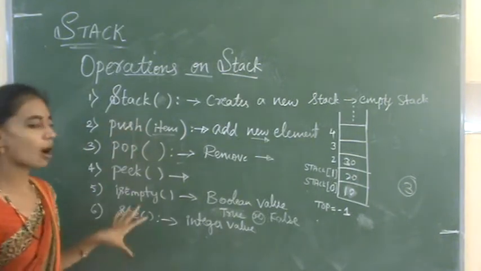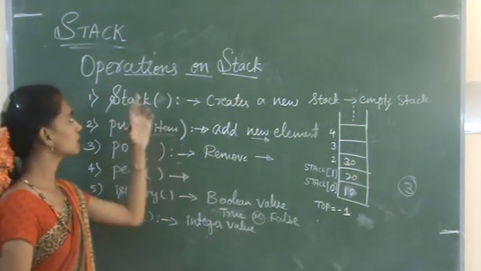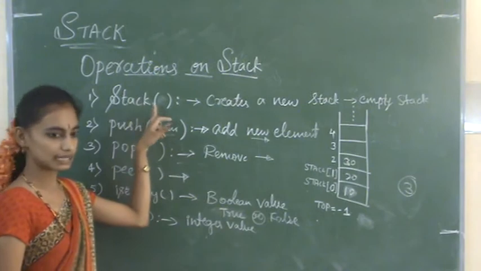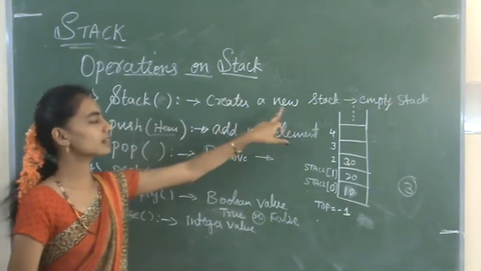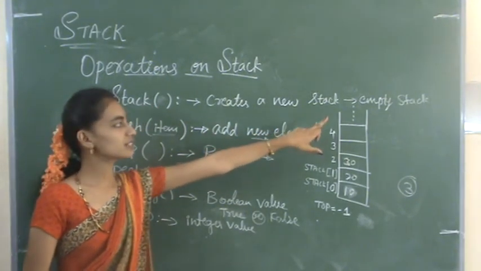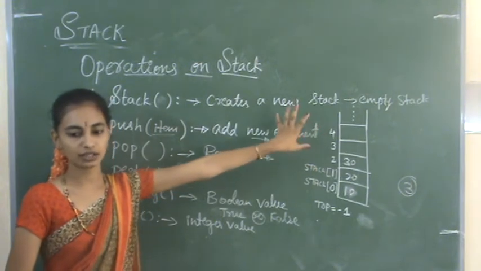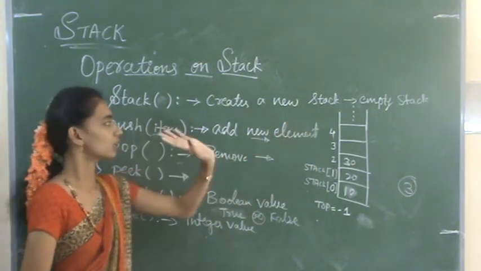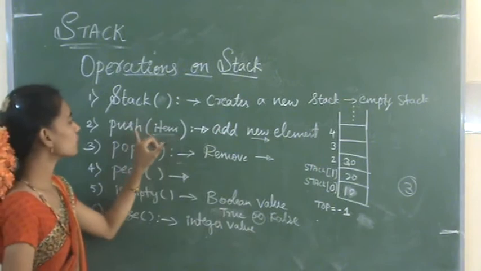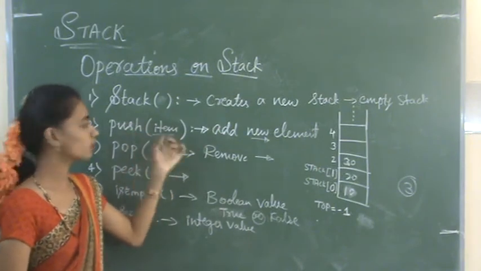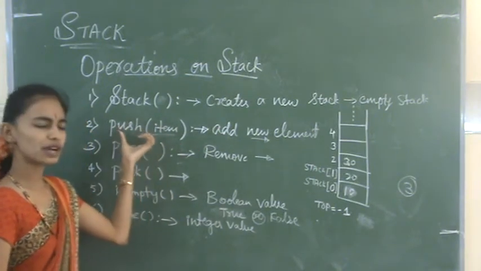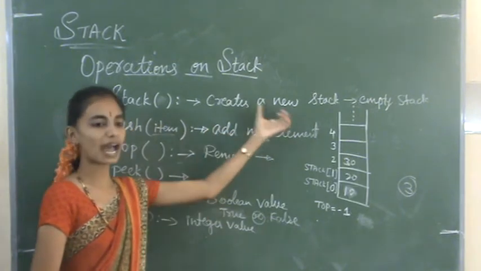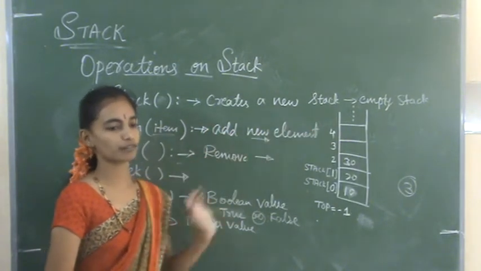So these are the operations performed on the stack. The first one is stack, which creates a new, empty stack. The next one is push item. This push function adds a new item into the top of the stack.